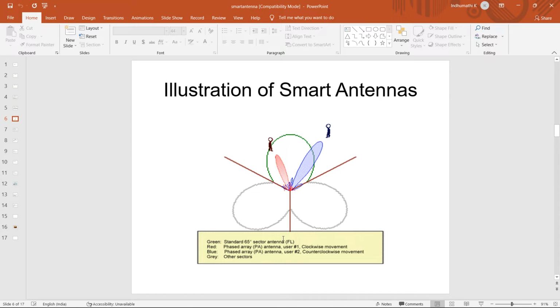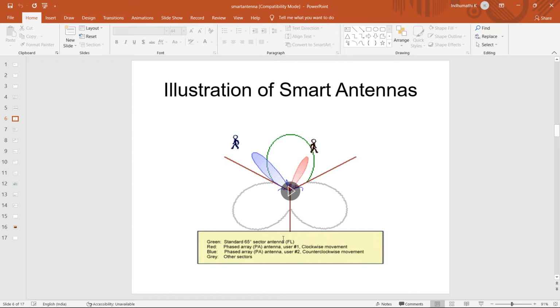And this is the illustration of smart antennas, where the green line is the standard 65-degree sector antenna, and the red one is the phased array antenna, where user 1 is using it and moving in a clockwise direction. The blue line is the phased array antenna for user 2 with a counterclockwise movement, and the gray ones are other sectors.